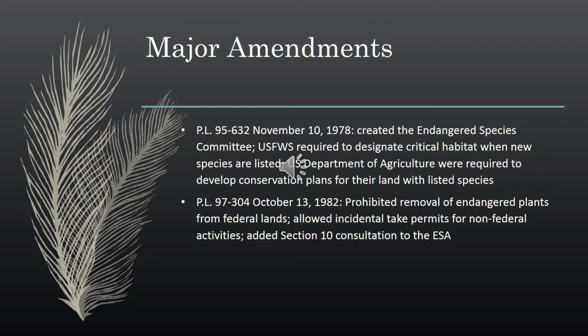In 1982, under Public Law 97-304, the amendment included prohibiting removal of endangered plants from federal lands and allowed incidental take permits for non-federal activities, and it also included the Section 10 consultation to the Endangered Species Act.